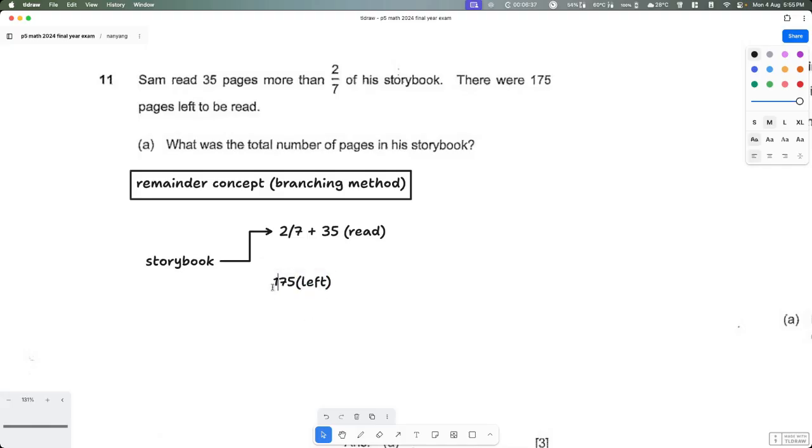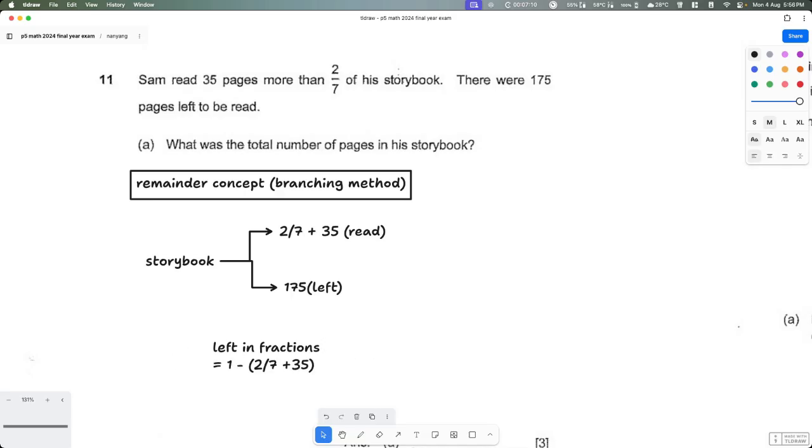So in essence, what is left in fractions is equal to 1 minus bracket 2 out of 7 plus 35.